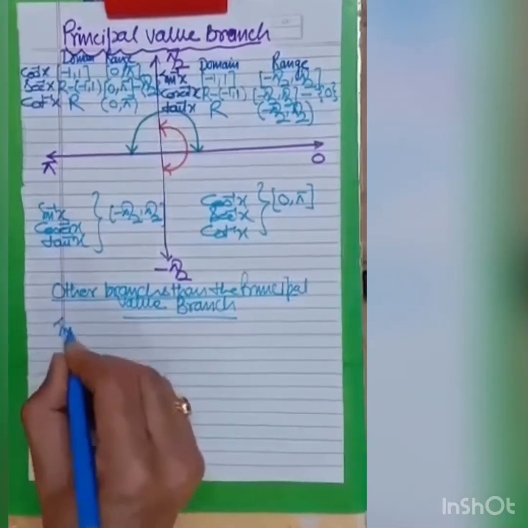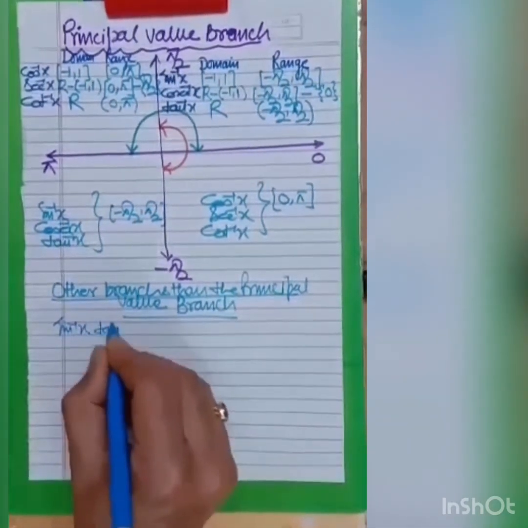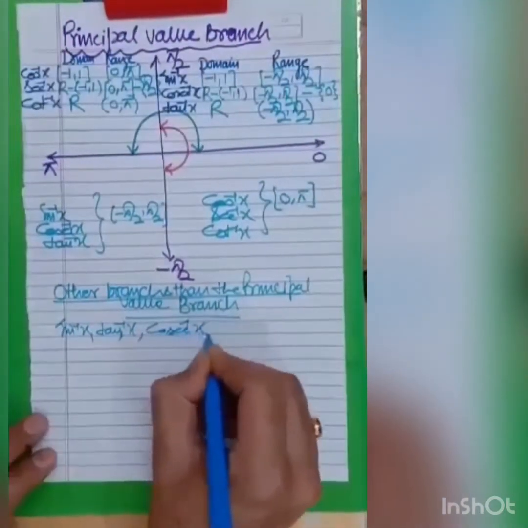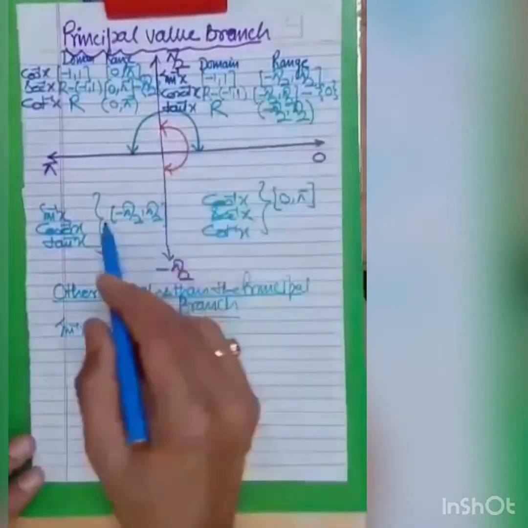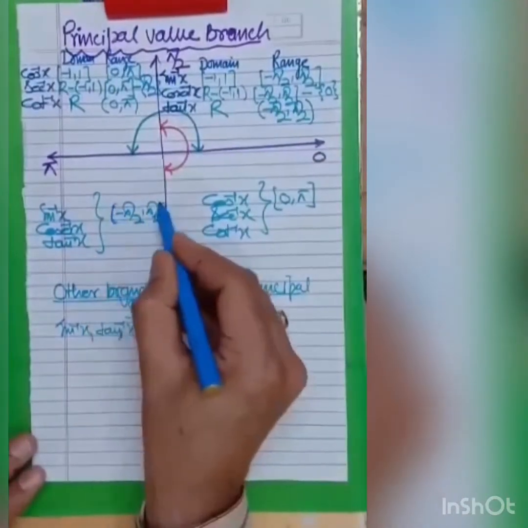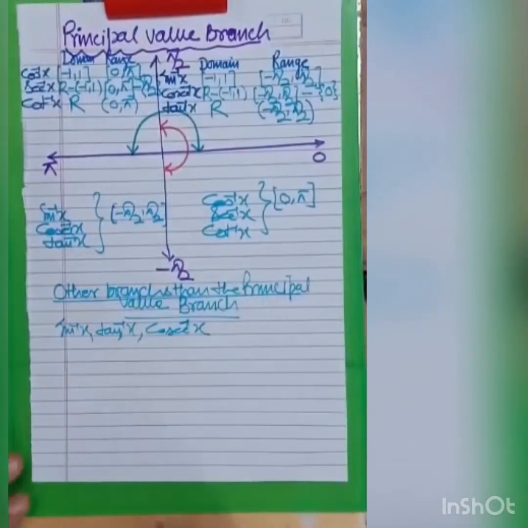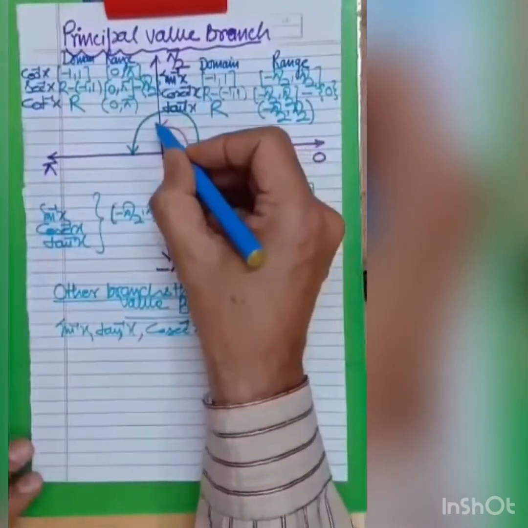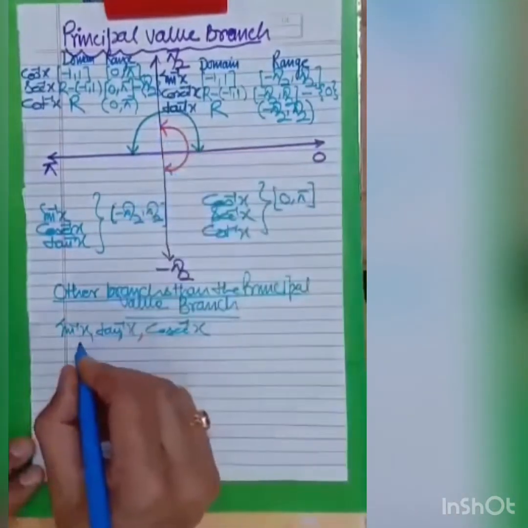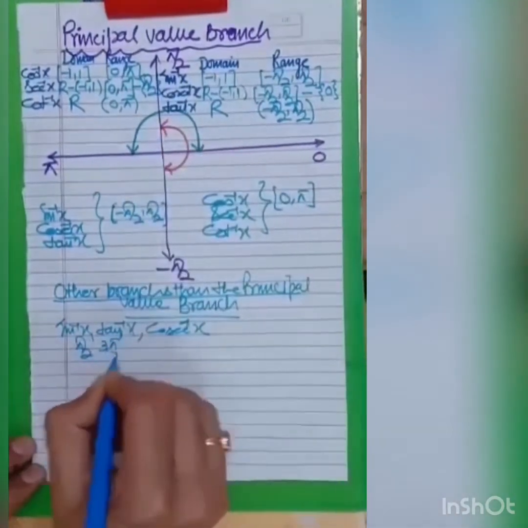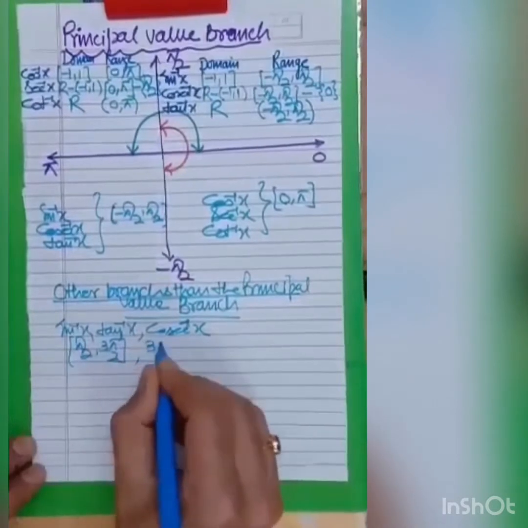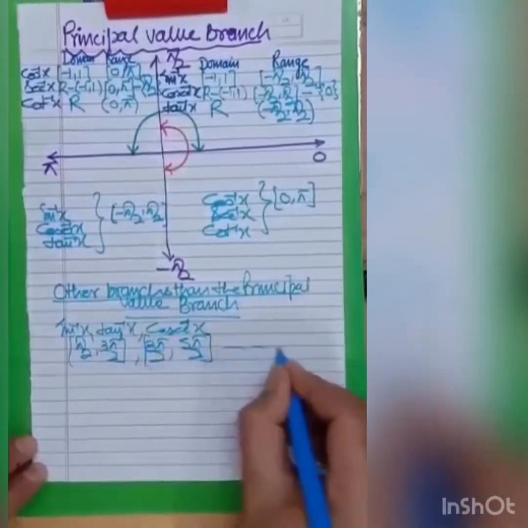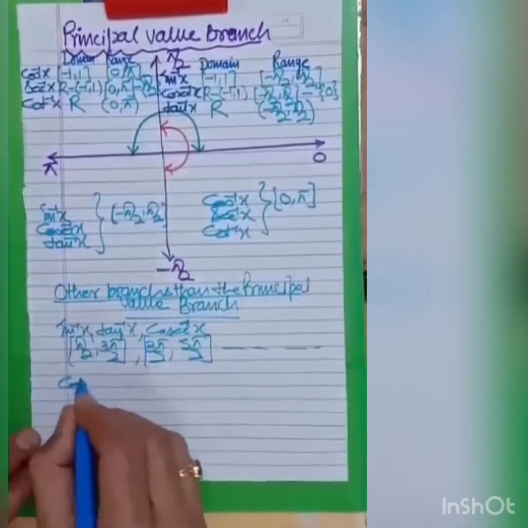In the case of sine inverse, tan inverse and cosecant inverse, children, we have minus pi by 2 to plus pi by 2 for the principal value branch. But for another branch, we can take pi by 2 to 3 pi by 2. You can take another branch also, 3 pi by 2 to 5 pi by 2, and so on. There are several branches you can write for this.